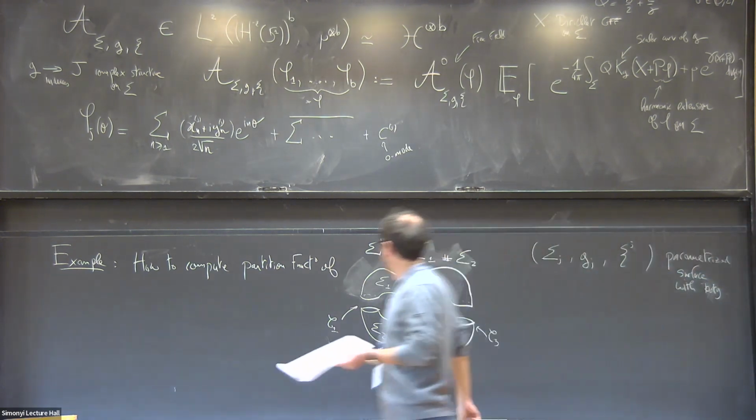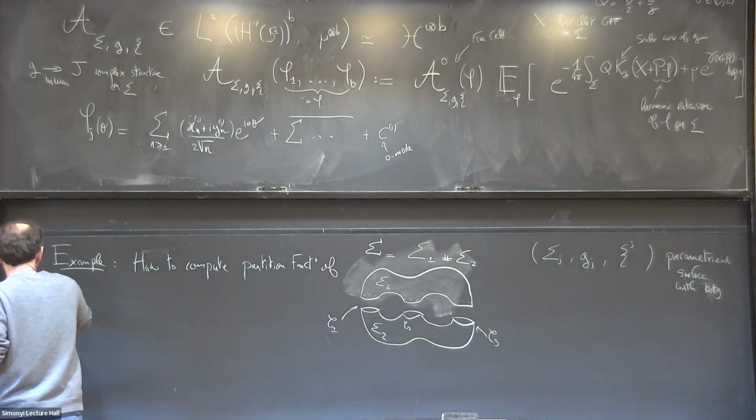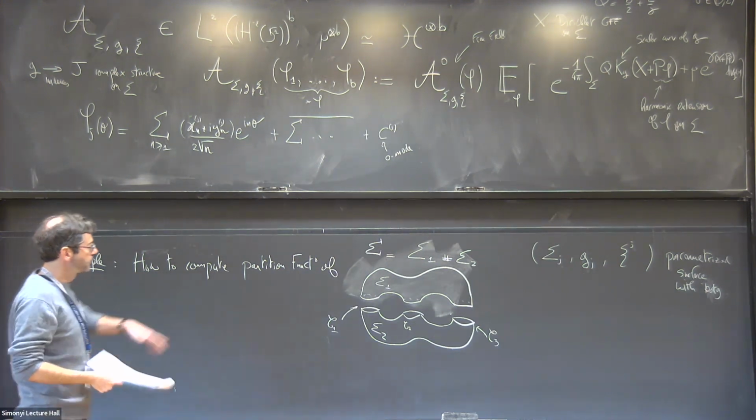Now, what is the partition function? I will call it A of sigma, G. Of course, sigma is the closed surface.